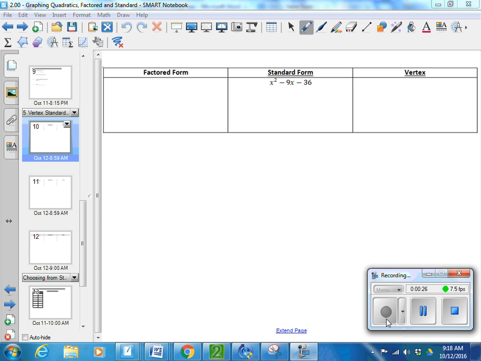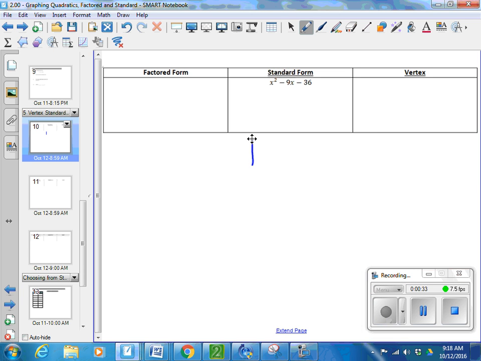So what I will do first is rewrite x squared minus 9x minus 36 as 1x squared minus 9x minus 36. All right. Now, if you recall, the way we get the x coordinate of our vertex is to take the opposite of the middle term.